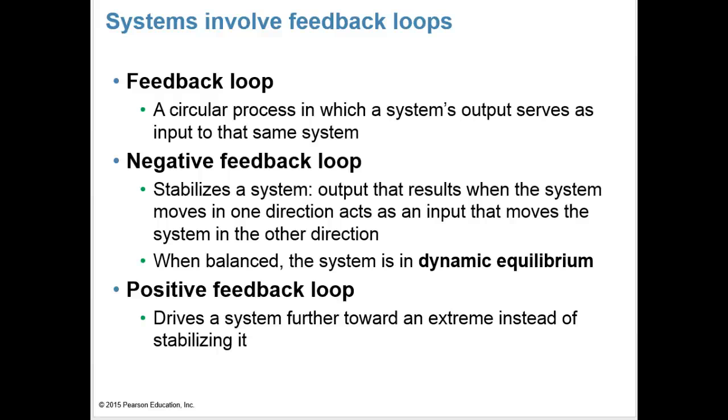In a negative feedback loop, a system moving in one direction yields output that acts as an input that moves the system in the opposite direction. So the input and the output pretty much neutralize one another's effects, which actually stabilizes the system.